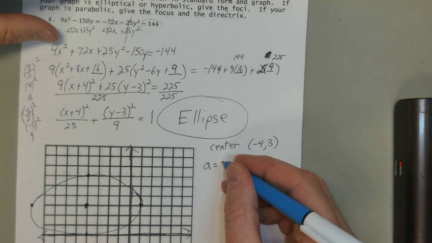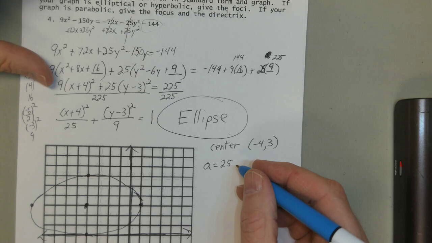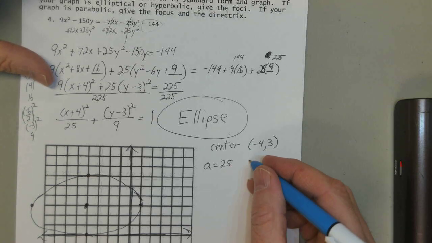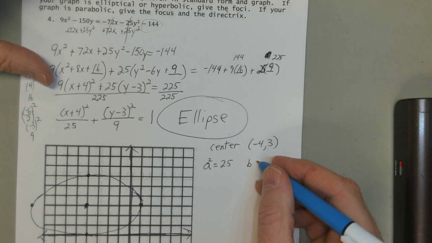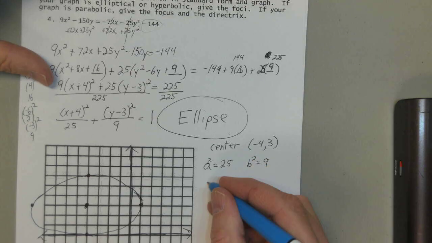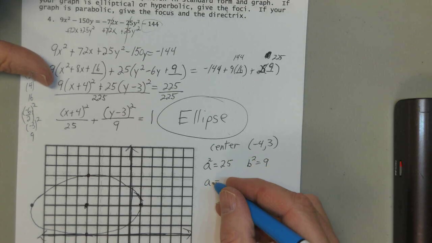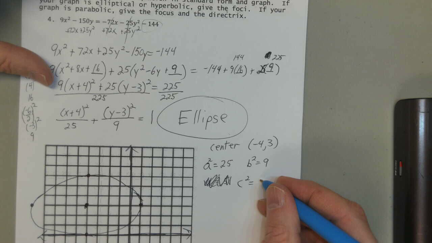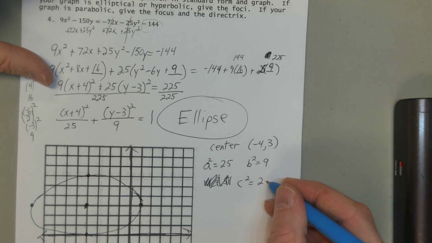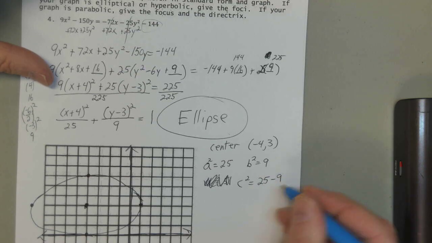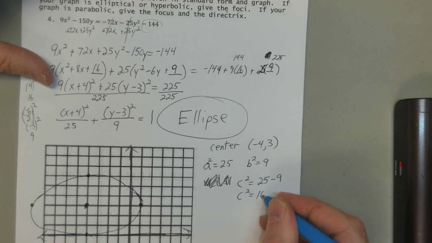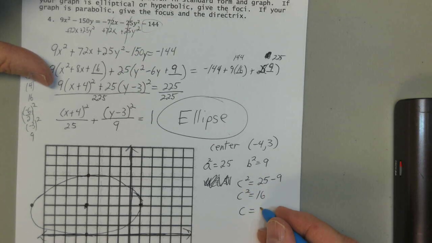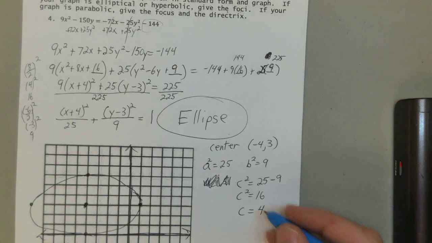Now, A squared equals 25. B squared equals 9. So A is 5. Well, let me get C. C squared equals A squared minus b squared. C squared equals 16. C is equal to 4. Plus or minus 4, actually.